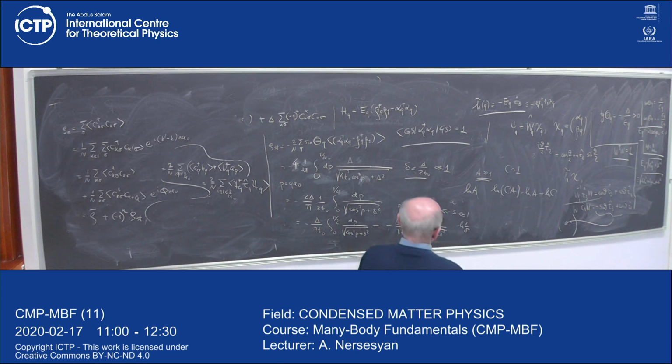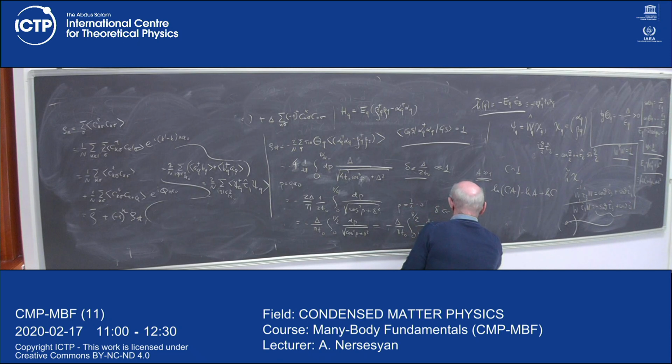And with this accuracy, such a replacement, to me at least, as a person who has worked a lot with these logarithms, means just the same. The lower limit is delta, absolutely, of course.